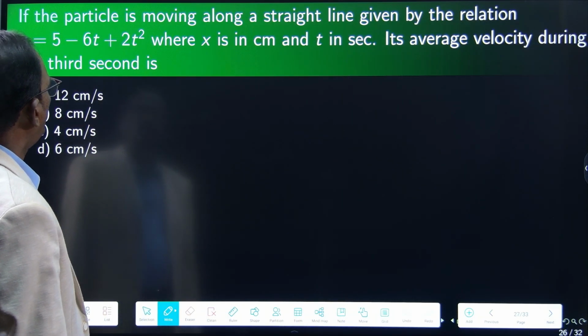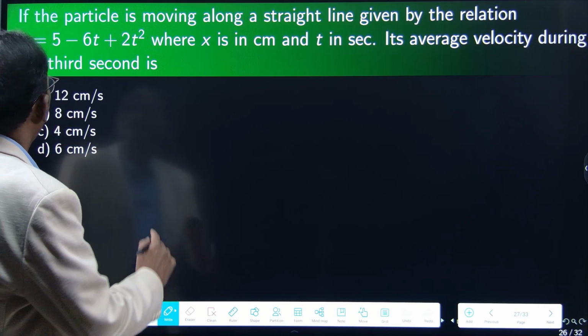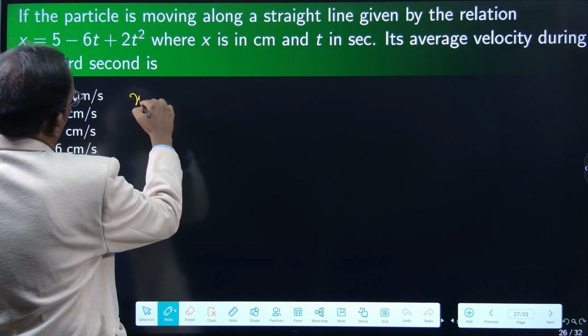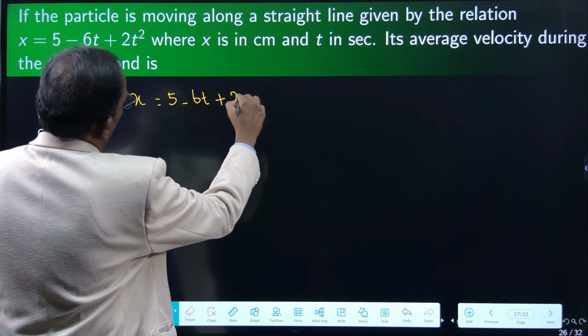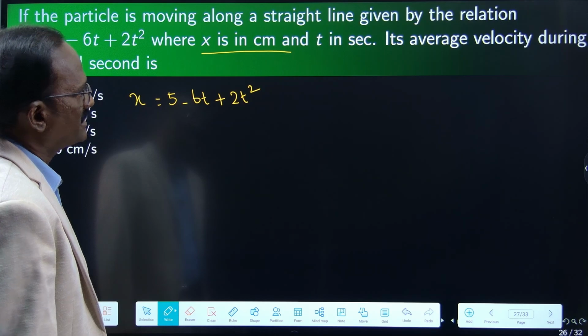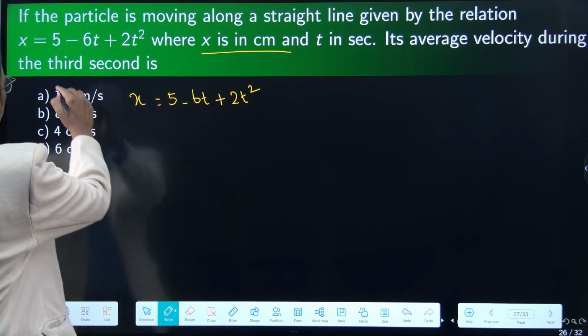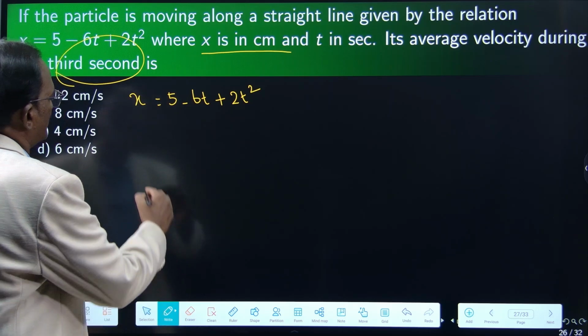Next problem: if the particle is moving along a straight line given by the relation x is equal to 5 minus 6t plus 2t square, where x is in centimeter and t is in second. Its average velocity during the third second. Average velocity during the third second.